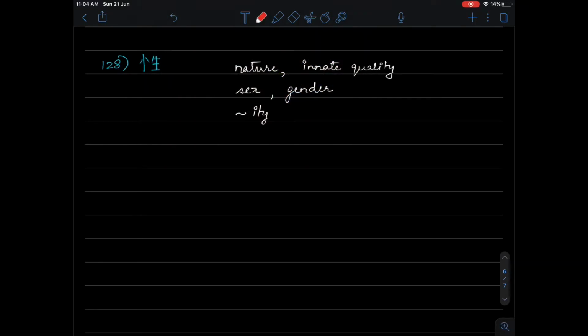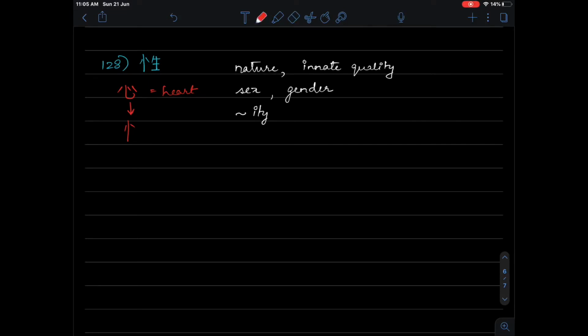Okay, so let's try and see how we can remember this. I hope you remember we did a kanji like this, which meant heart. At that time, I think I mentioned that this kanji gets shortened to this, or sometimes you can even see it like this at the bottom, any of these two variations.